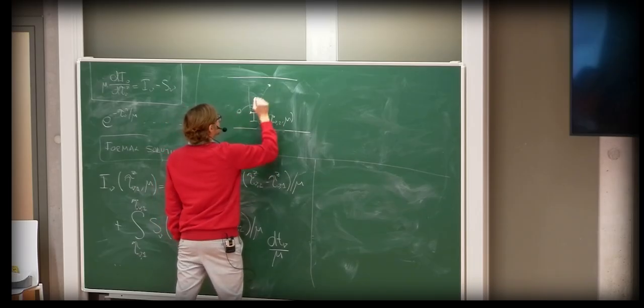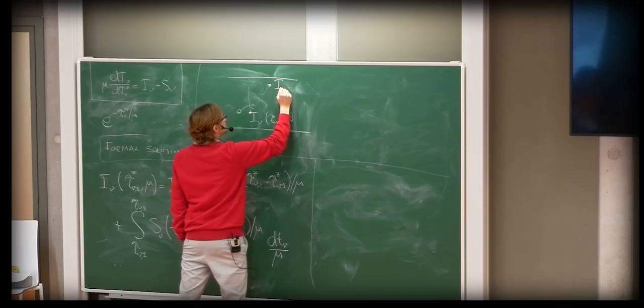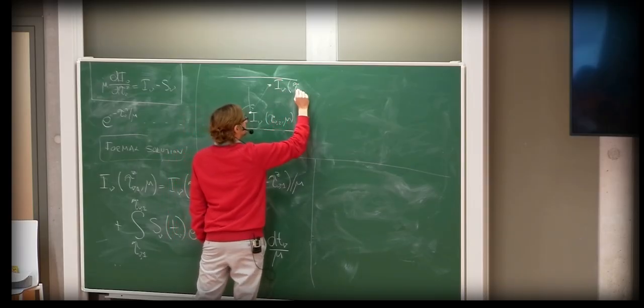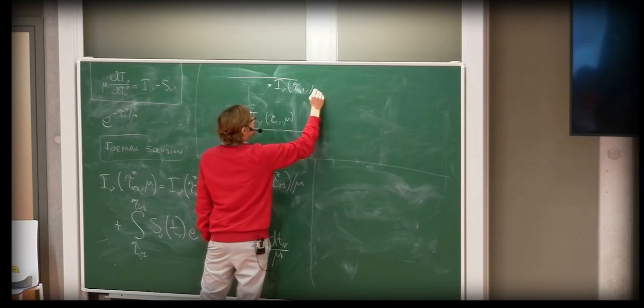And then we have another position there, up there, which then is I nu of tau nu 1 and mu.